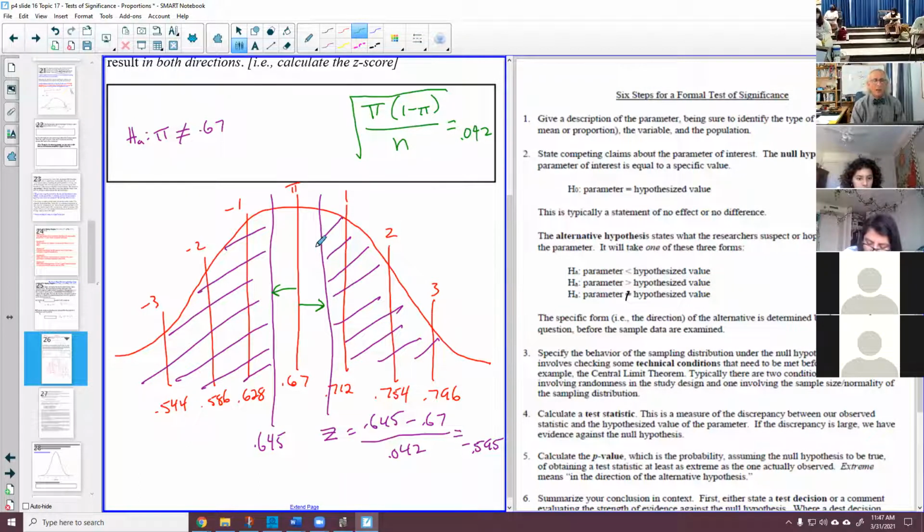So I'm trying to find the probability that I would get 0.645 or less, or this number here or greater, randomly, if my null hypothesis was 0.67. So I have to go both ways on this.